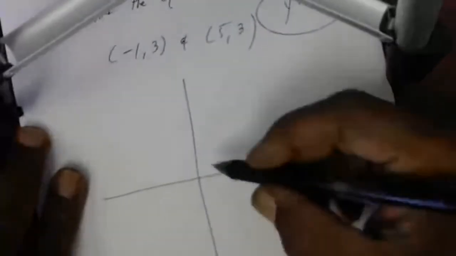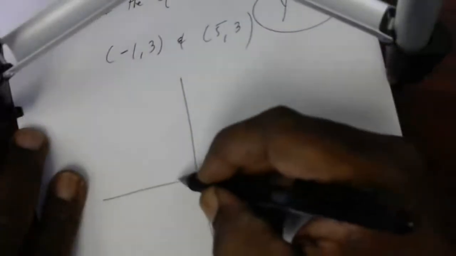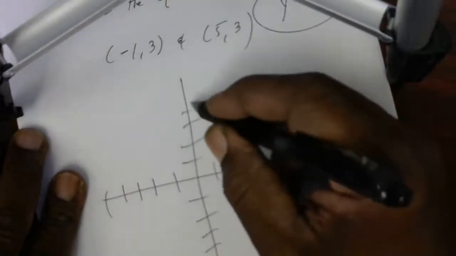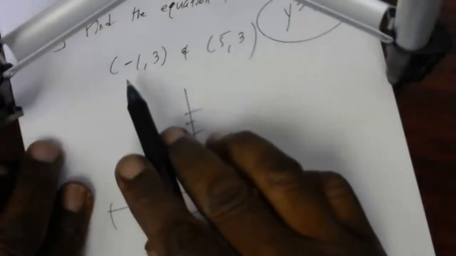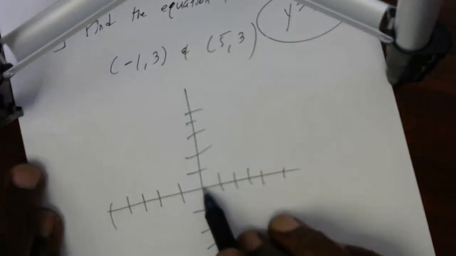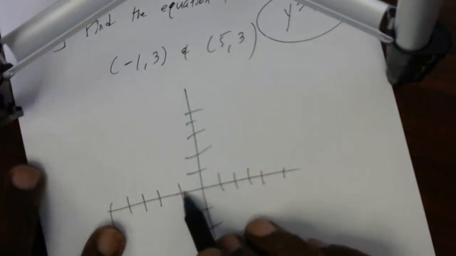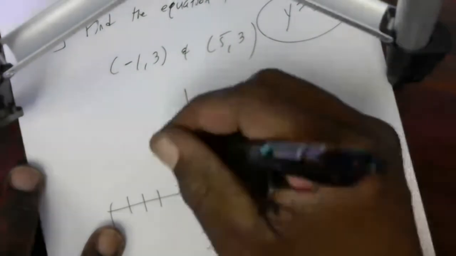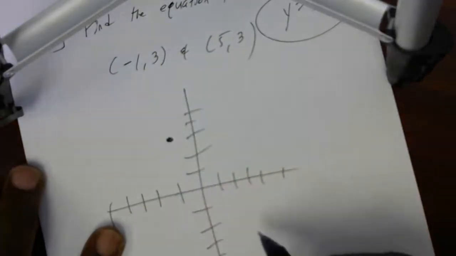If I were to plot these 2 points, I can plot this point -1, 3, so I'm at the origin. X is -1, so I'll move one place to the left. I would go up 3, 1, 2, 3.